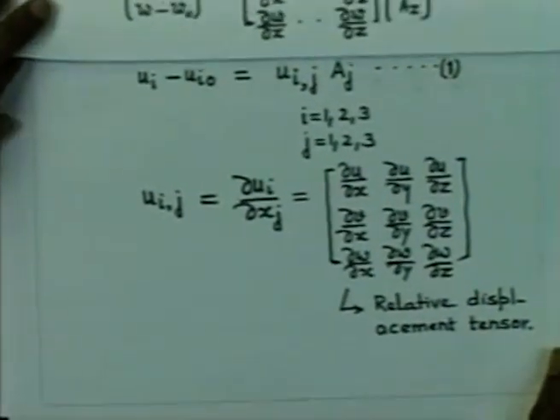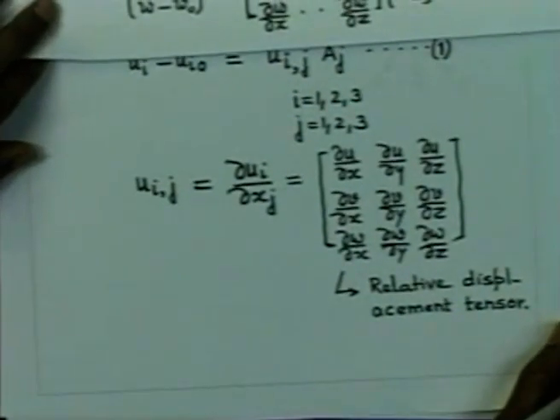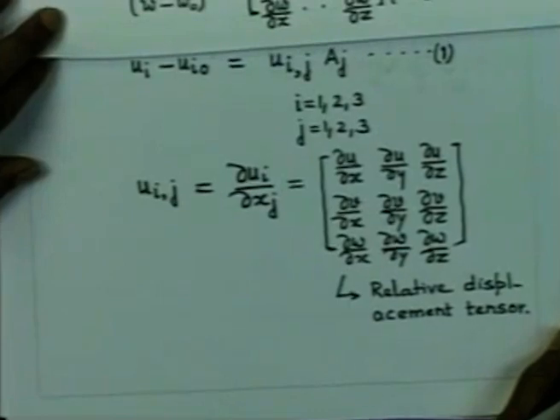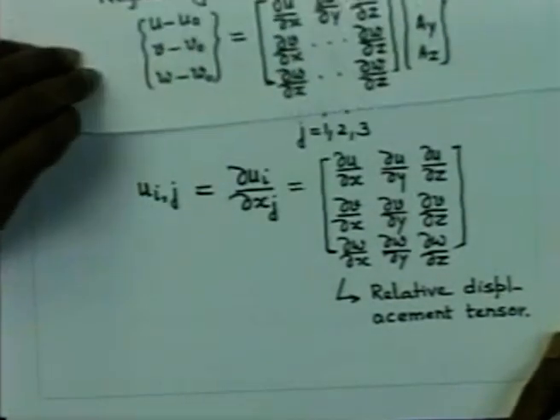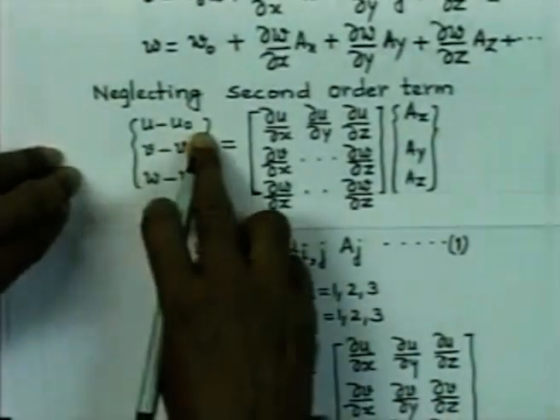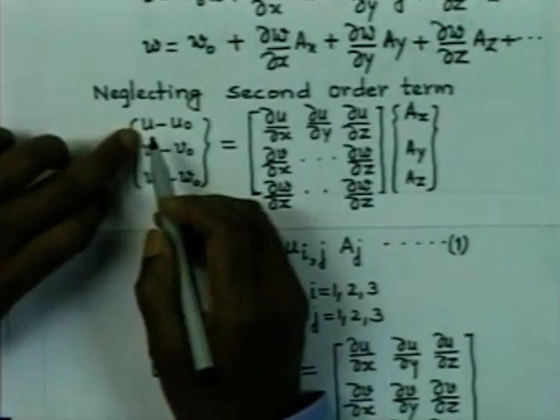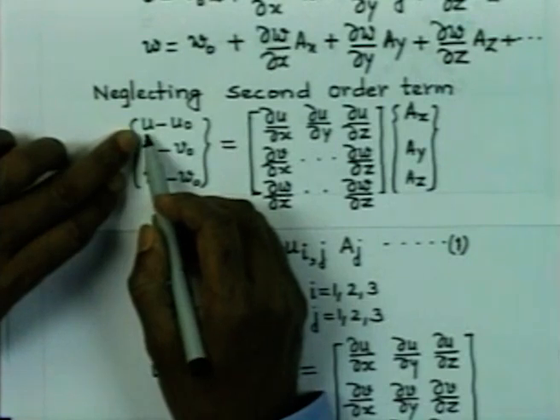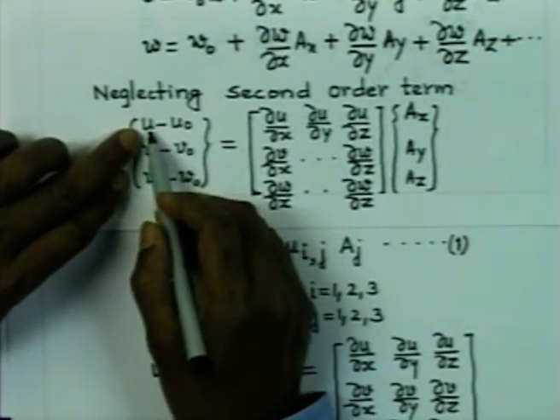Since the displacements between the 2 points P and Q are changing by this much, this indicates really the change in the length. So, P moves in the x direction by u0 and Q moves by the distance u.